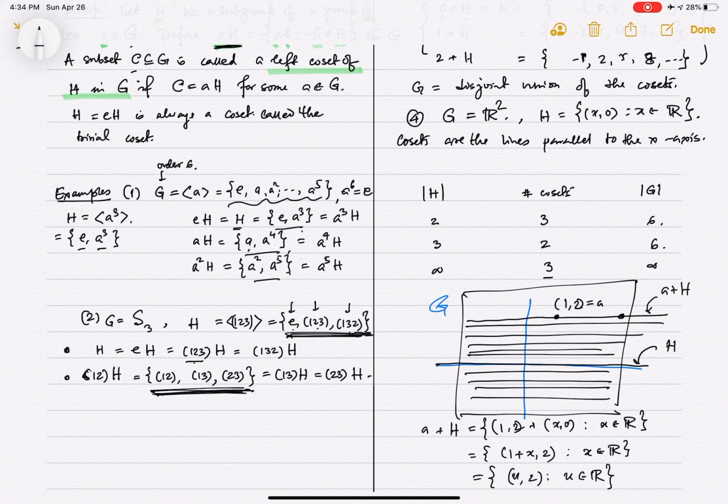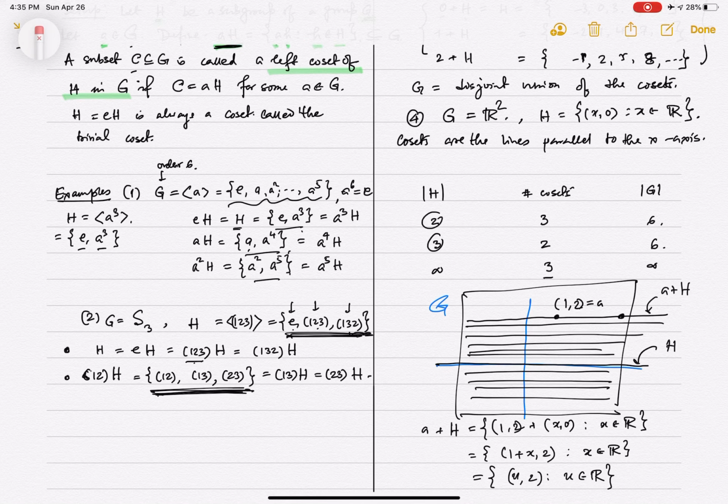In particular, the size of the subgroup has to be a factor of the size of the group. So a group of size 6 can have a subgroup of order 1, 2, 3, or 6, but no subgroup of order 4.